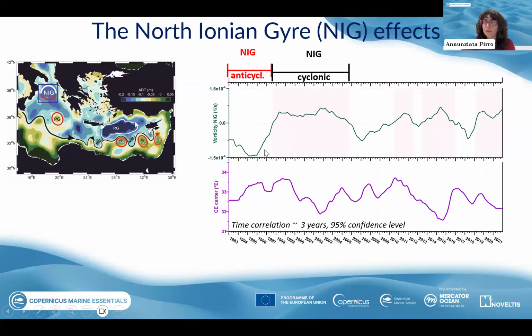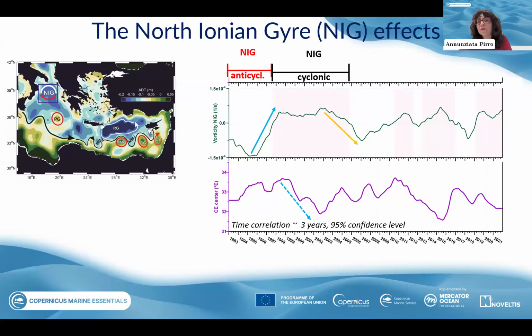I computed the vorticity from the geostrophic velocity of 20 years time series and correlated with the center of the Cyprus eddy, and I realized that when this North Ionian gyre switched from anticyclonic to cyclonic phase, because the vorticity steps from negative to positive, then the Cyprus eddy starts to move to the west.